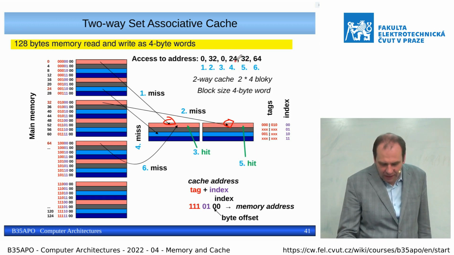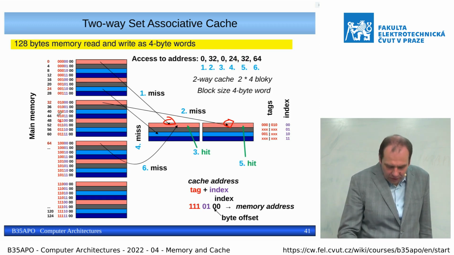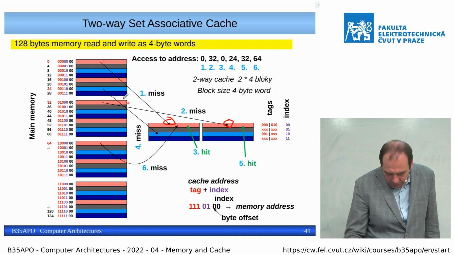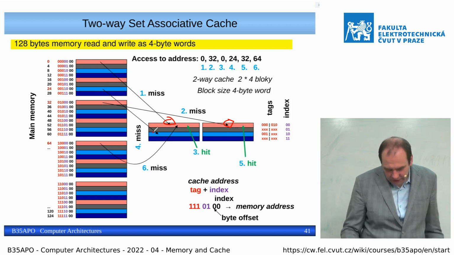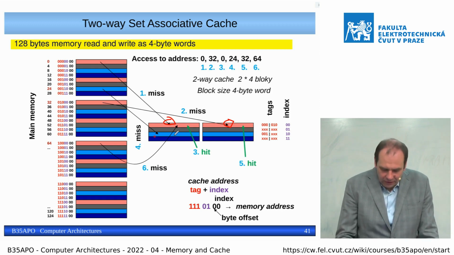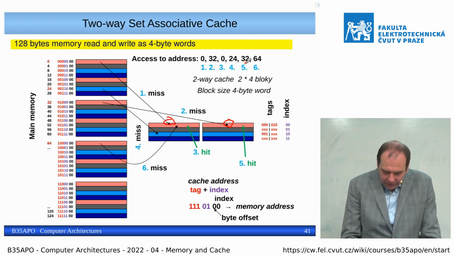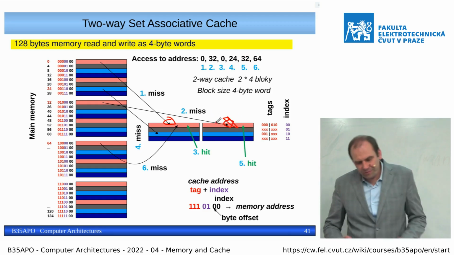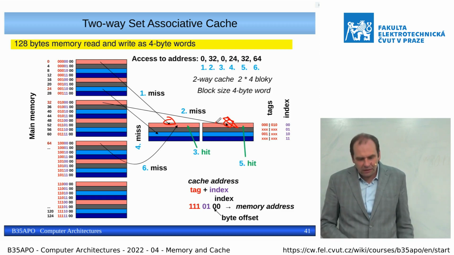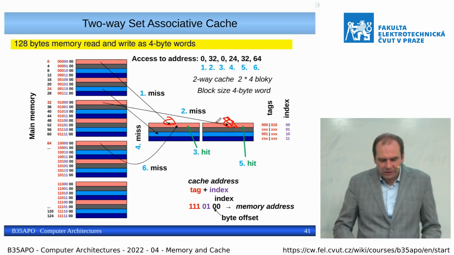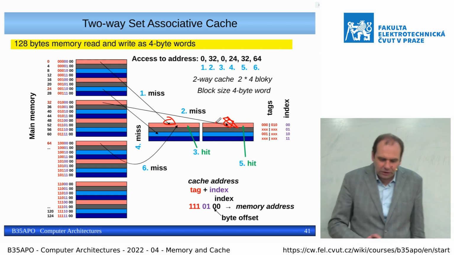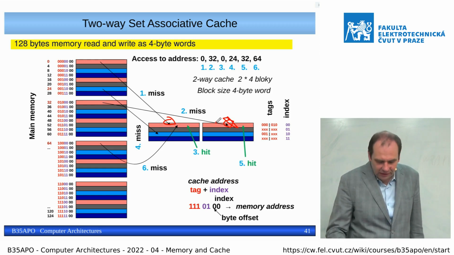Then we try to access 24. 24 maps to a different row, to a different set, so there is no problem. Then we access 32 again, and the data from 32 are still present. So we divide and distribute the capacity of the cache to the accesses in a reasonable way.